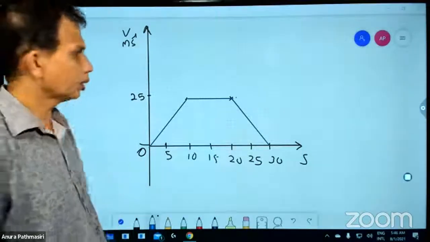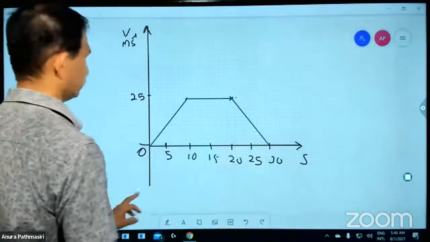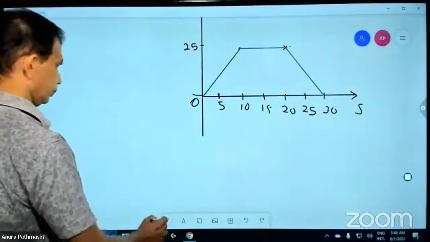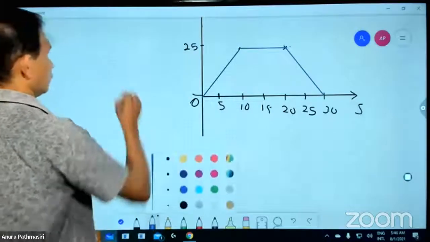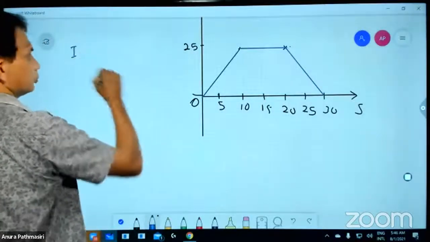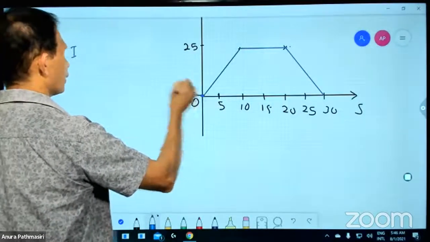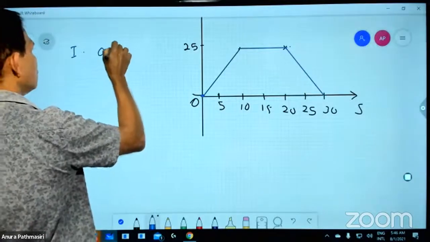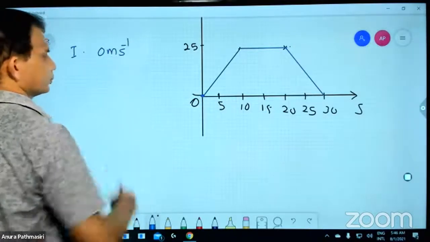What is the initial velocity? 0 meters per second. Yes, it starts at rest, 0 meters per second.